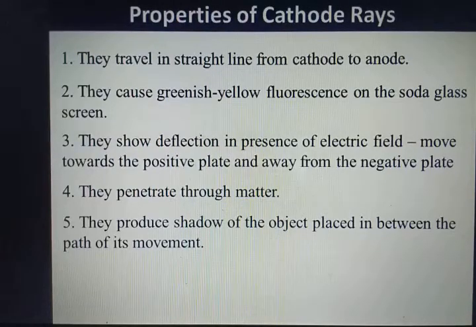That is, cathode rays have particle character, and since they have a particle character, this proves the shadow of any object which is kept there. It is showing the properties of the cathode rays.